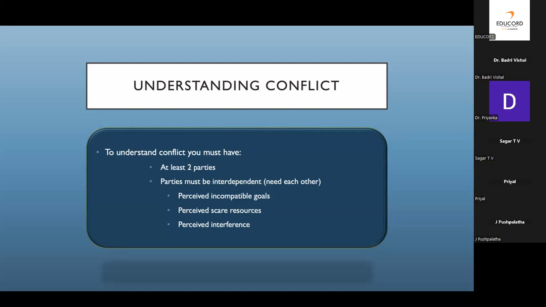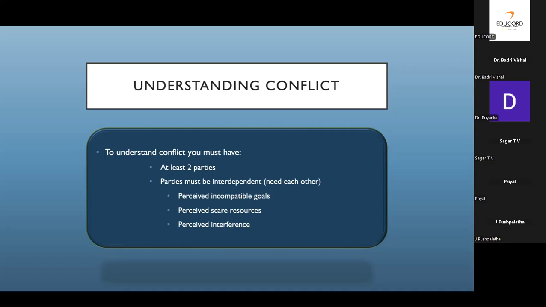They have perceived incompatible goals, perceived scarce resources, and perceived interference. You can always see all these things in political parties. Whenever they discuss things, they have incompatible goals: one party thinks something is all right, the other thinks it's a sham.